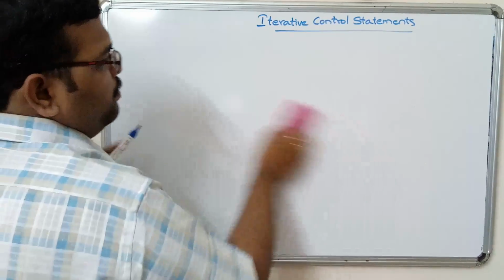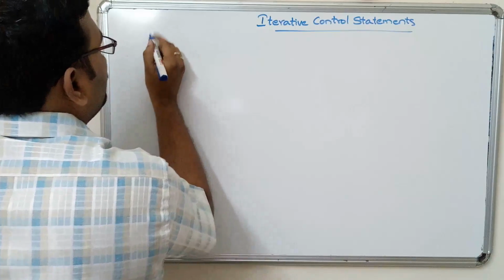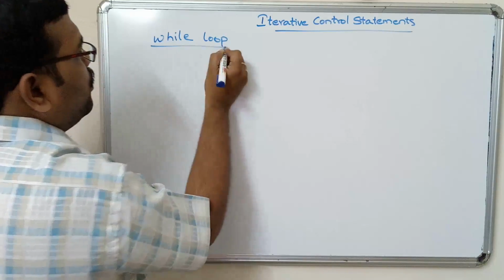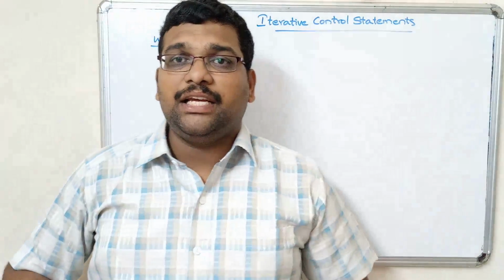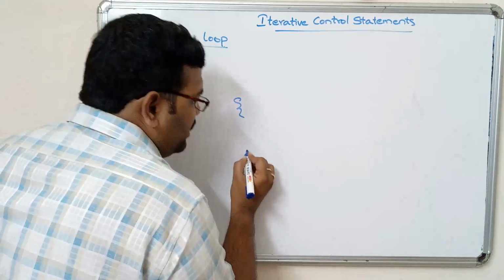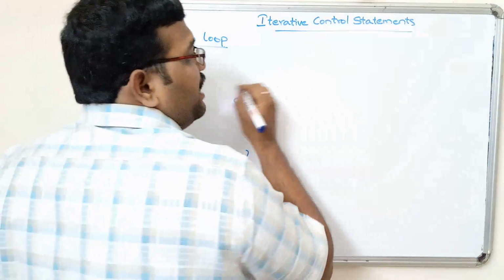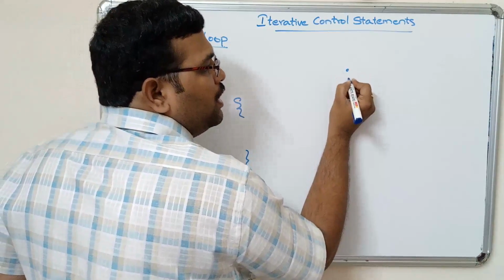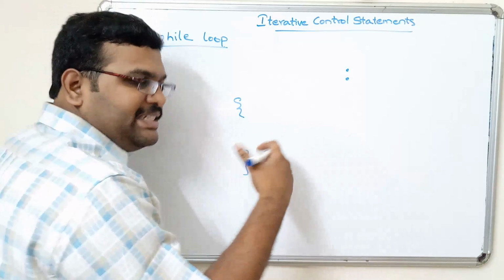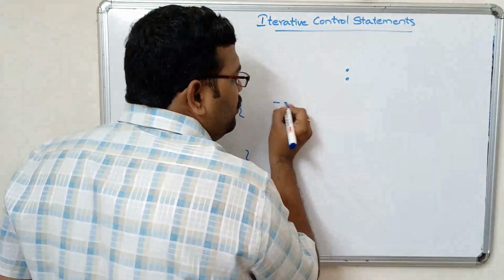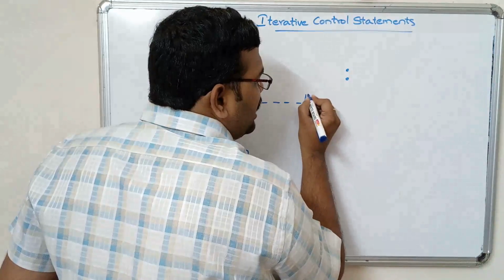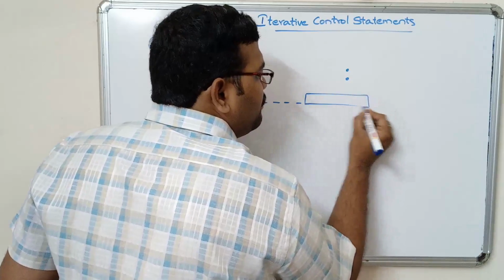Coming to the while loop. As we discussed in the previous session, here the block of statements will not be represented between curly braces. For every header, if you include the colon as a suffix, the indentation will automatically be applied, the cursor will leave 4 spaces on the left side, and the cursor will start from the 5th space.